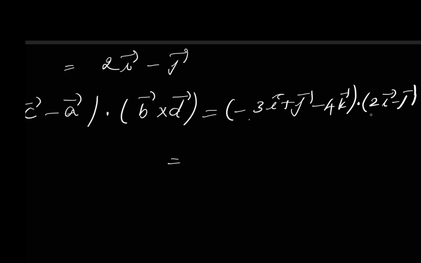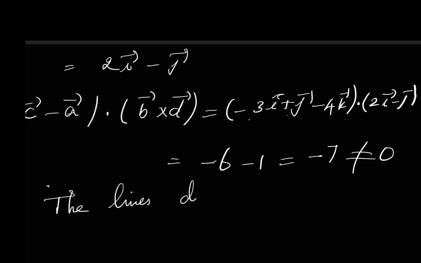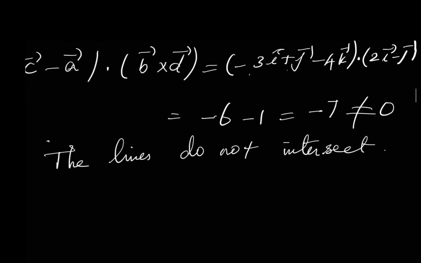So take the dot product: minus 6, then 1 times minus 1 is minus 1, and no k vector here, so you will get minus 7. So actually this is not equal to 0. Therefore the lines do not intersect. You have to find just the numerator term.